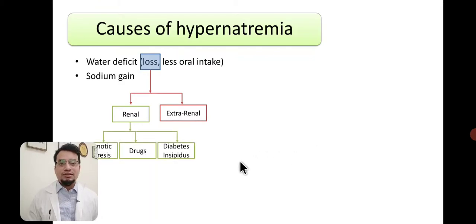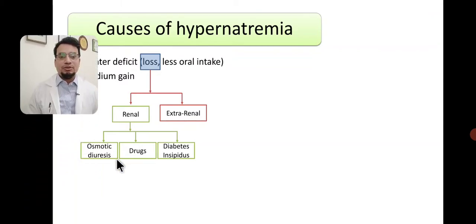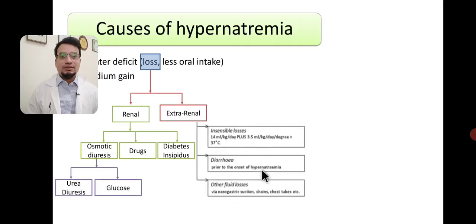If it is renal, it can be osmotic diuresis, it can be due to diuretic drugs, or it could be due to diabetes insipidus, a condition where hypotonic urine and polyuria happen. Then loss can also occur due to extrarenal causes like diarrhea, fever, high grade fever, vomiting, burns, etc.